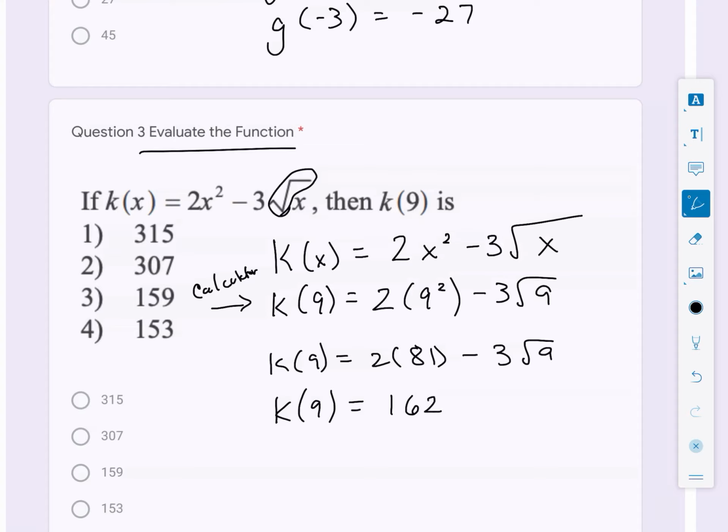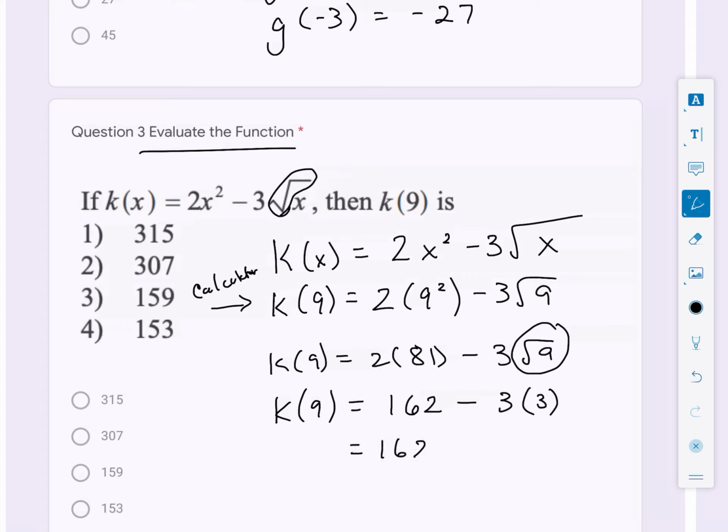How do you like that? Quick math. Minus, well, right here, the square root of 9 says what number multiplied by itself gives me 9. And in that case, it's 3. So the square root of 9 simplifies to 3. I still need to multiply that by my negative 3, if you will.